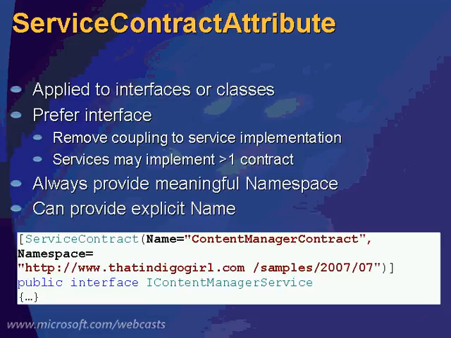Now, when we apply the service contract attribute to an interface, what we should always provide at least is a meaningful namespace. I'm showing you the Web Service Platform standard here, whereby we usually use our domain for either the application or maybe for our company, because we know that's unique. And then maybe some other category and a month and a year.